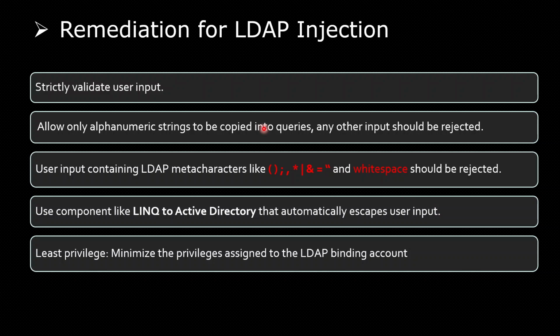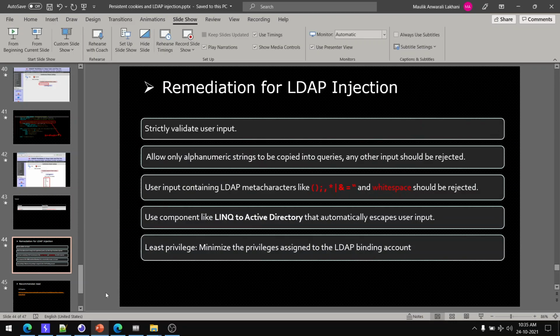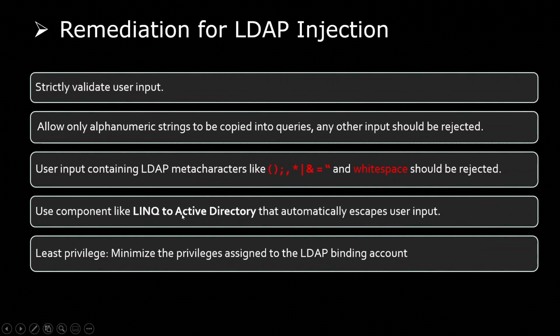So this is the first recommendation: if the user inputs any special character, reject it. If you don't want to do that, this is another mechanism: it will auto escape the user input. And the third mitigation is to implement least privilege, where with every LDAP account you minimize the privileges.